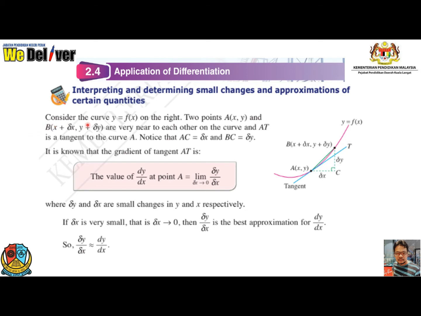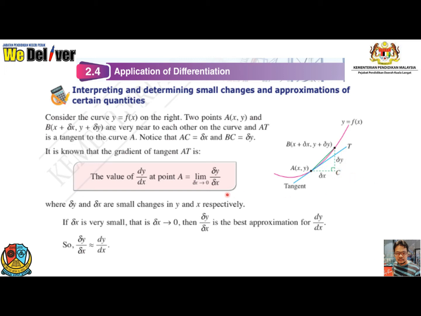Consider the curve y equals f(x) on the right. This refers to this diagram. Two points, A(x, y) and B(x plus delta x, y plus delta y), are very near to each other on the curve, and AT is a tangent to the curve at A. Notice that AC is delta x and BC is delta y.